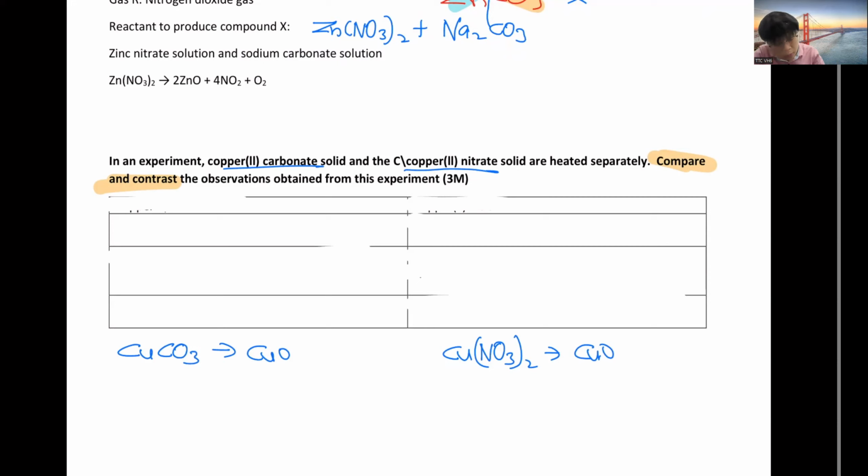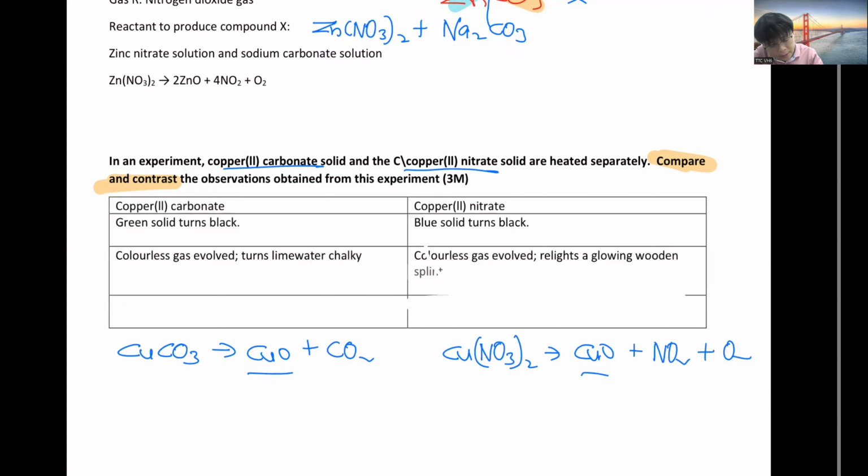So similarity will be both produce copper oxide. The differences: one produces carbon dioxide gas, one produces NO2 gas, a brown gas, and oxygen gas. And then also the color change. This one will be green to black, and copper nitrate is blue to black.